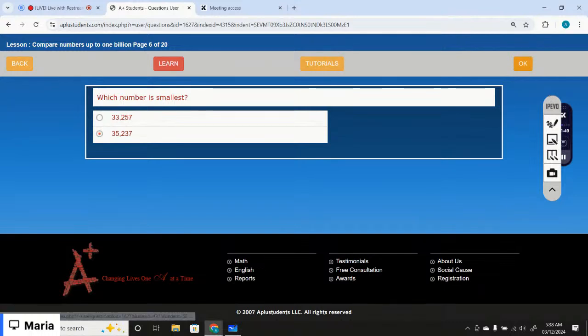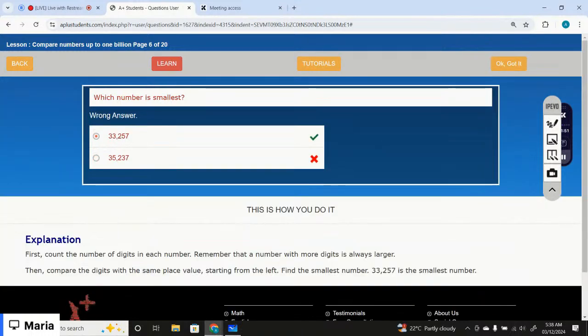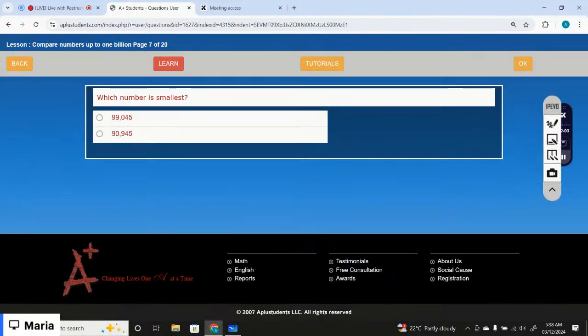That is the smallest number. Oh, option number 1, 33,257, is the smallest number.